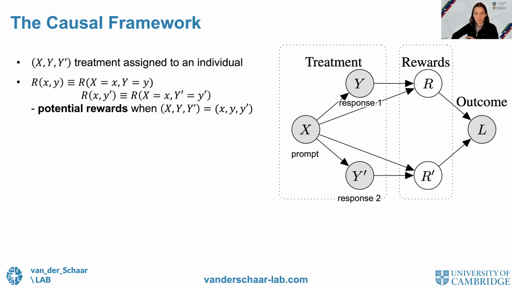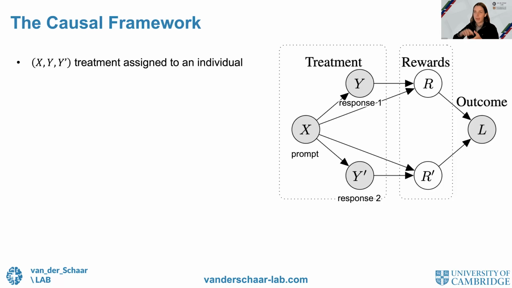And in this causal framework, we will let the tuple X, Y, and Y prime correspond to the treatment received by an individual labeler. So all the three components, they all together constitute one treatment assignment.